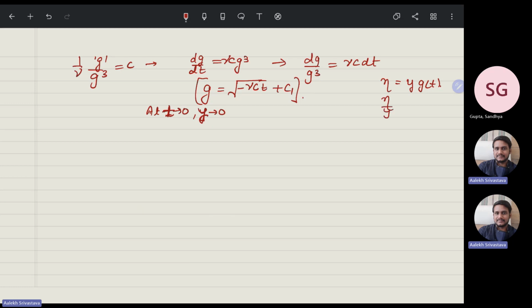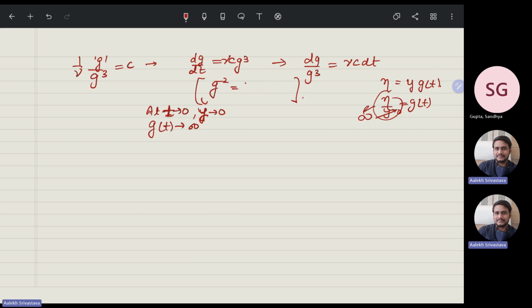That means eta by y is equal to g of t. So if y tends to 0, this term tends to infinity. Therefore, g of t tends to infinity. So it is g raised to the power minus 2. It is like this because g cube will come in this way, or I should write it in this way.